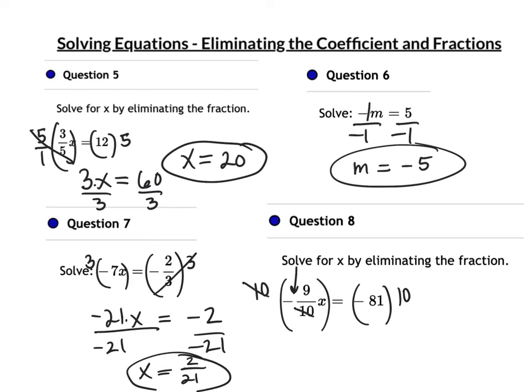Now don't forget the negative. That's negative 9x equals negative 810. Now I'm going to divide both sides by negative 9, and I'll go to my calculator. Notice it's a negative divided by a negative. 810 divided by 9 is 90. So x is 90.